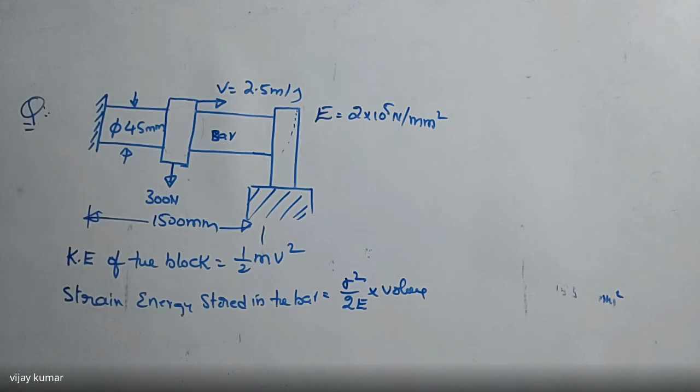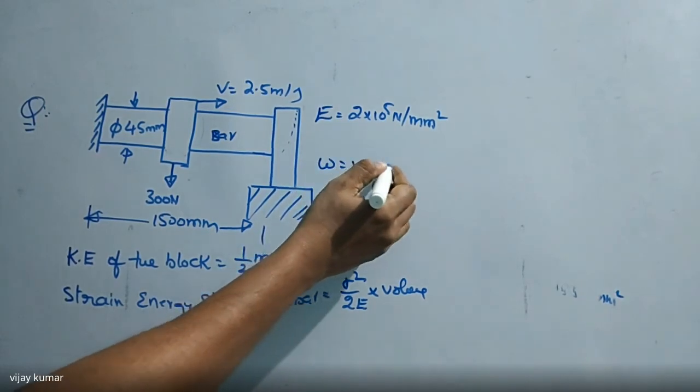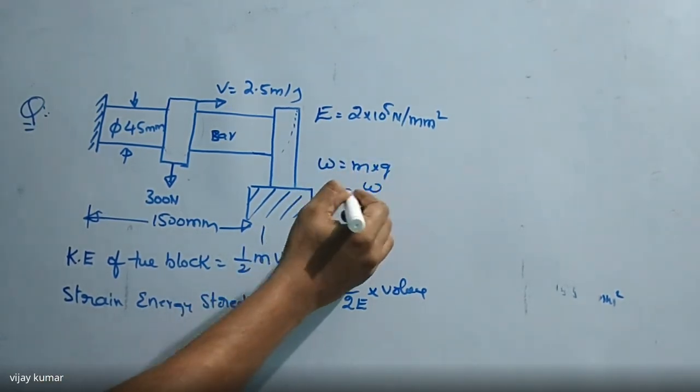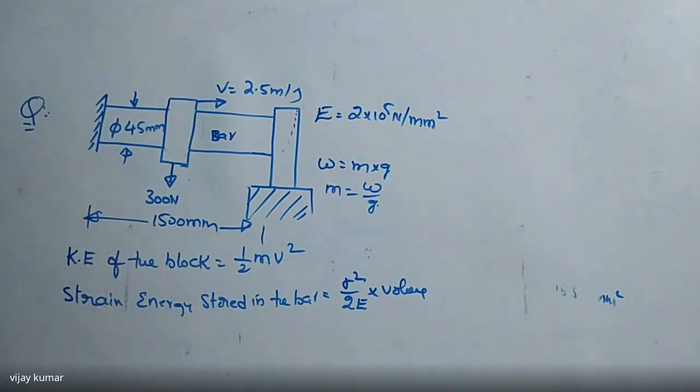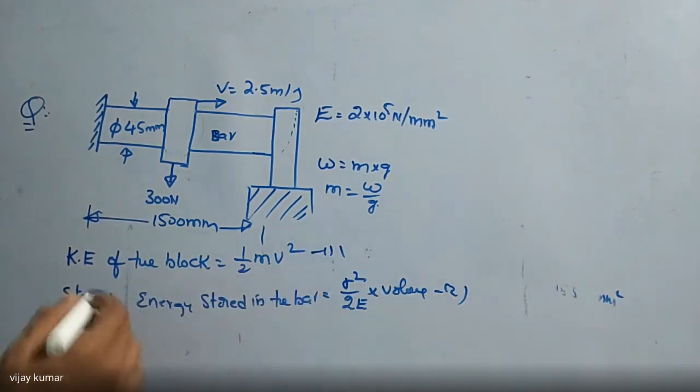So what is the kinetic energy of the block here? Weight is always equal to m into g, so mass is equal to weight by g. Weight is given, acceleration is 9.81. Then substitute here. So this is equation number one, equation number two after impact.